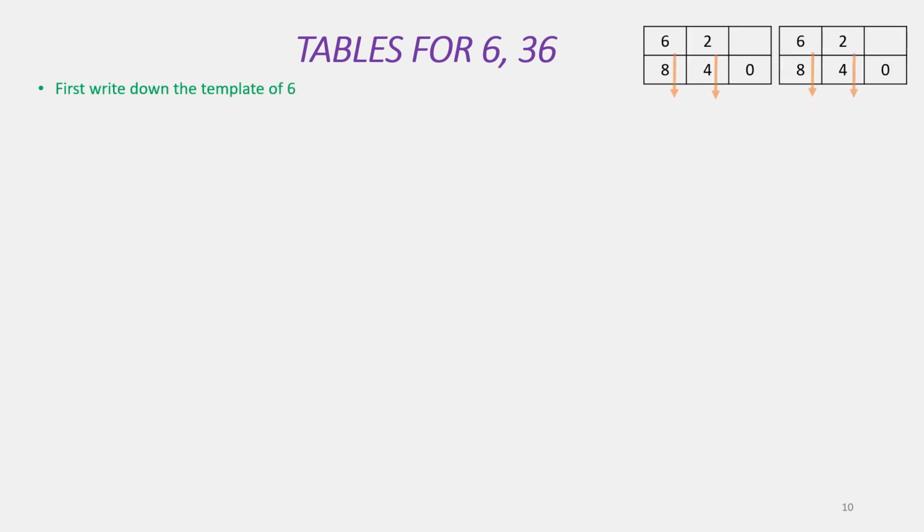Here are the tables for 6 and 36. As it ends with number 6, we have to use the template of 6 and write the key numbers accordingly. Key number for the 6th table is 001 and key number for the 36th table is 334.